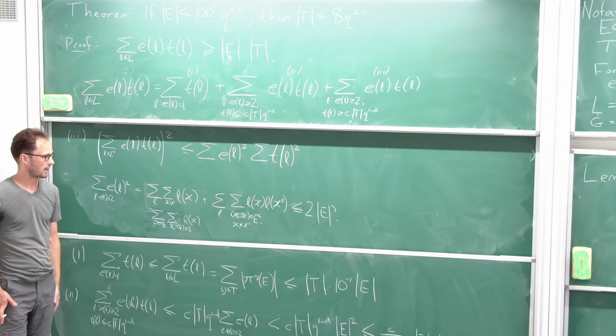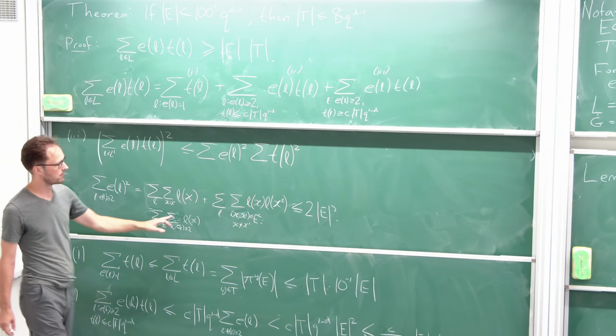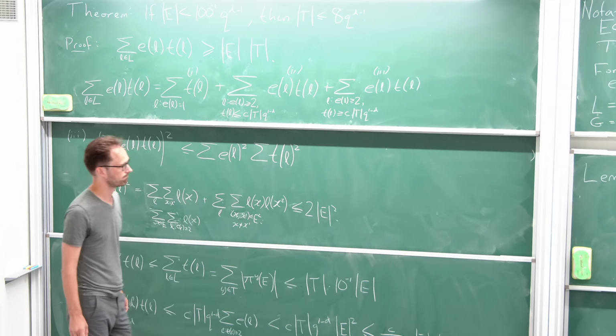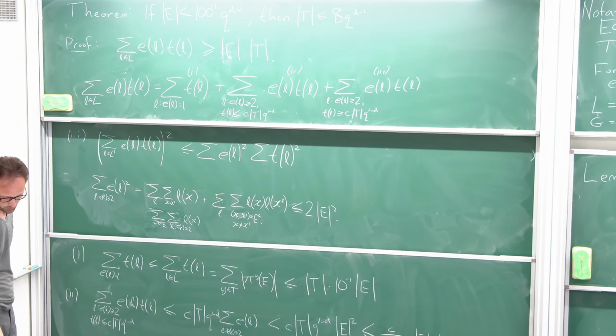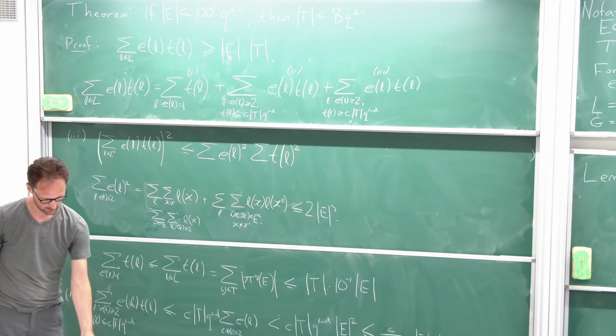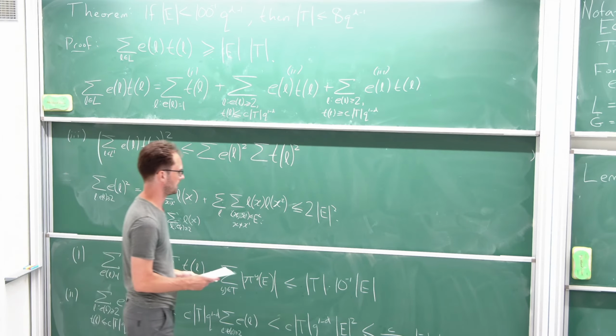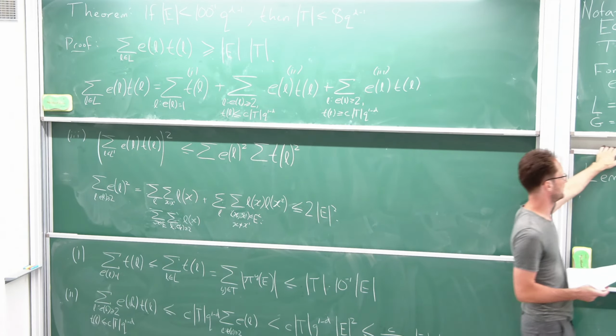And then over here, 2 points are contained in only 1 line, and that's how everything is bounded by E squared. Now, for the other one, I'm just going to do.